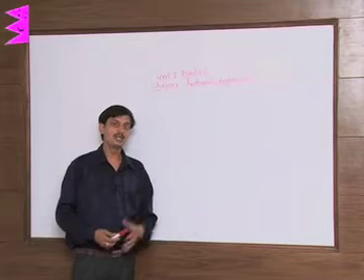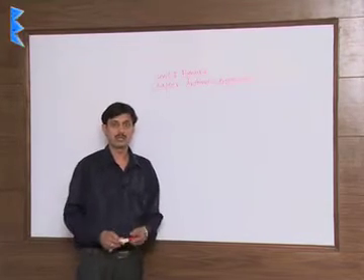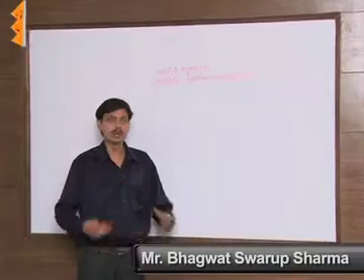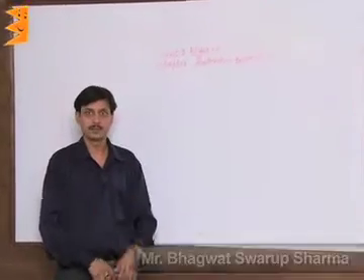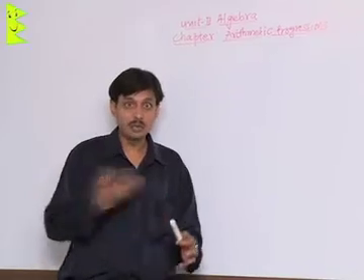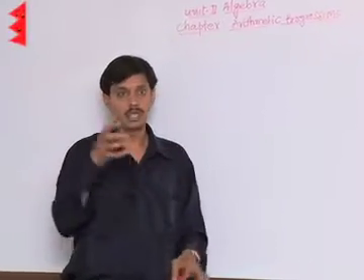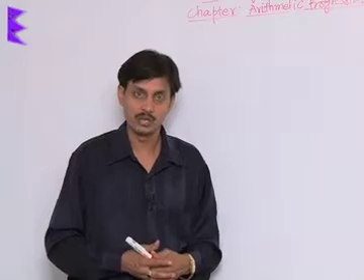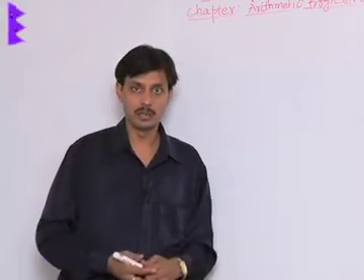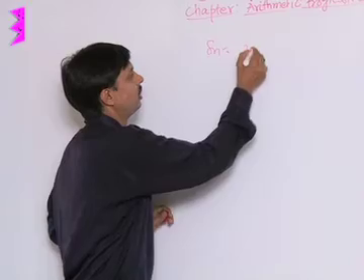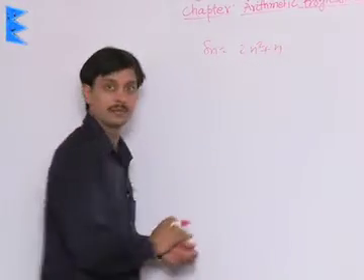Now we will discuss the special use of the same formula, Sn is equal to n by 2 into 2a plus (n minus 1) into d. Suppose there was some arithmetic progression whose Sn is given by 2n square plus n.